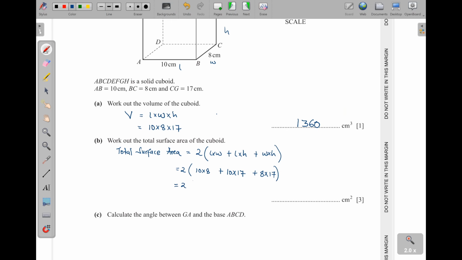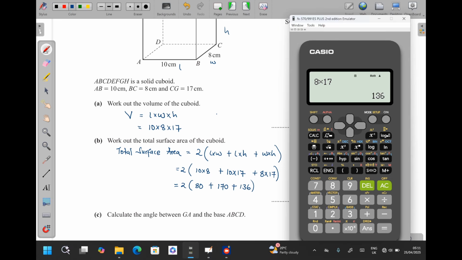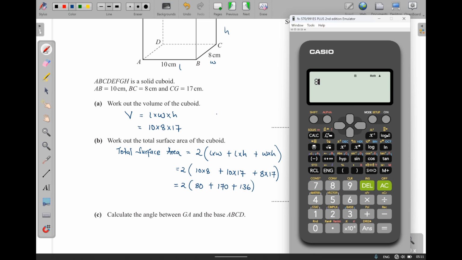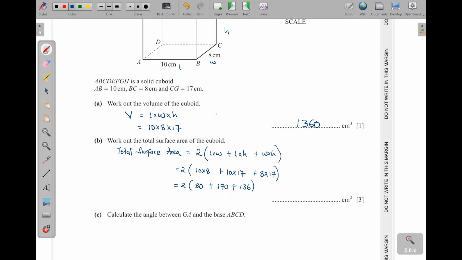So we have 2 into 80, 170, then plus 136. When we add these, we get 386, then times 2, you get 772.